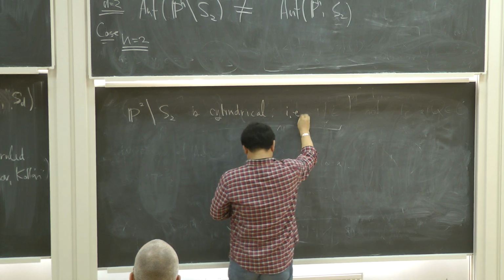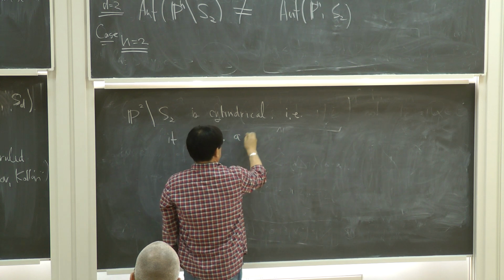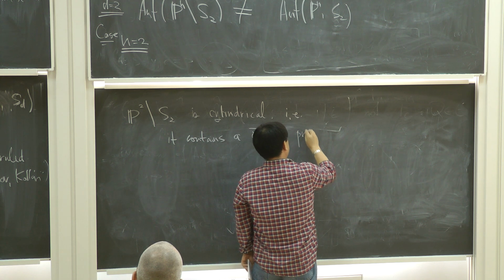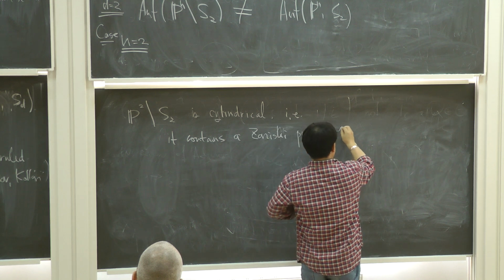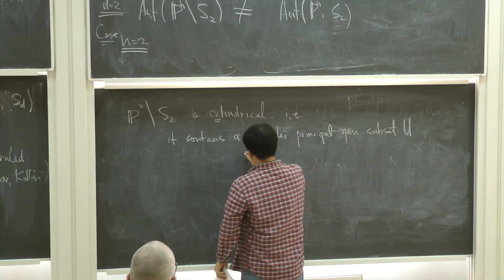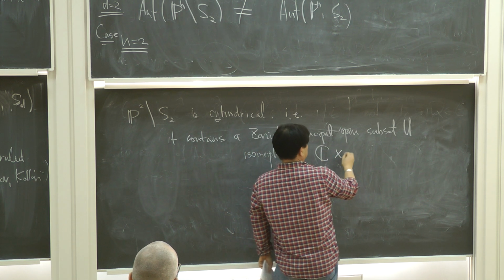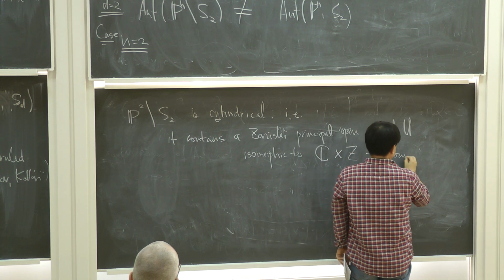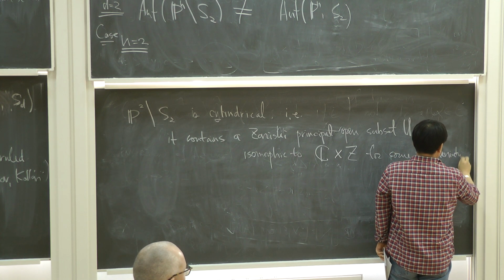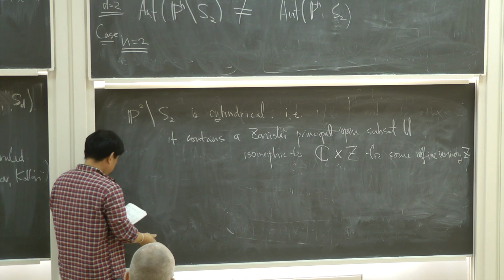So the meaning is the following: it contains a Zariski principal open subset U, which is isomorphic to this type of variety, C cross Z, for some affine variety Z. All right. So the picture is like this.